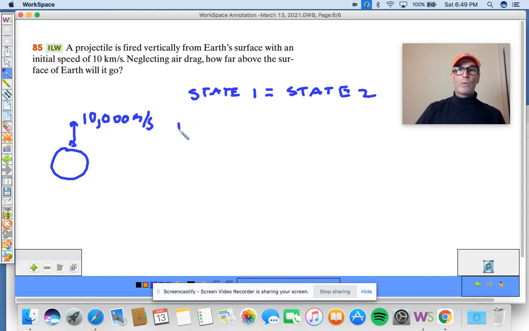We have 1/2 mv squared plus, now, it's got gravitational potential relative to the center of the Earth. So we're going to call that minus G, mass of the Earth, the mass of the projectile, divided by the radius of the Earth. So you have to take that into account.